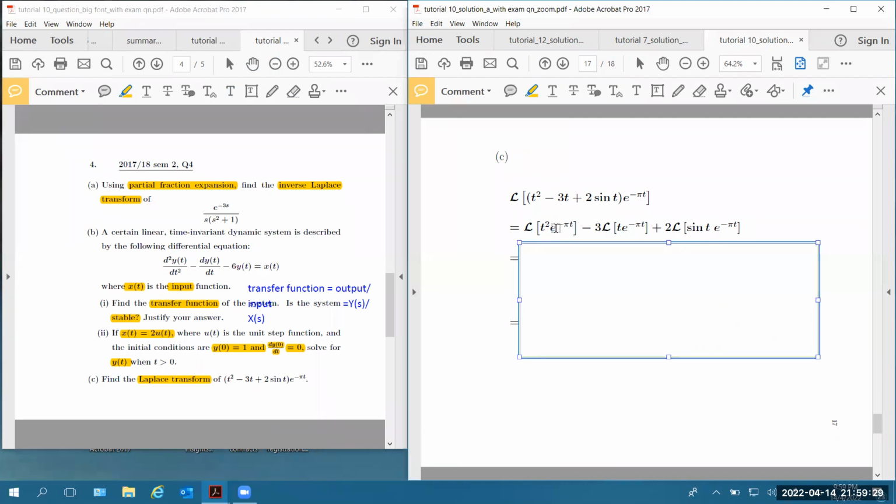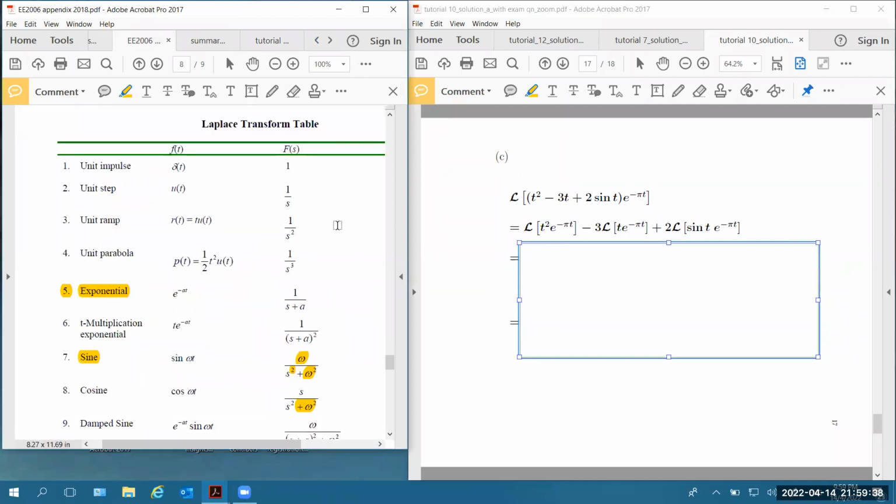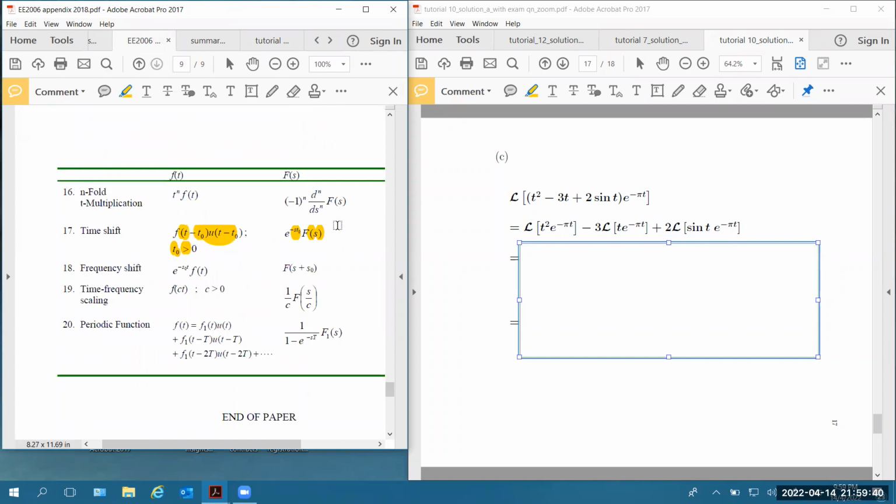This one also looks familiar because it has e to the power something t, right? So let's go to our appendix. Is it time shift or frequency shift? What kind of shift do you all think? Frequency.